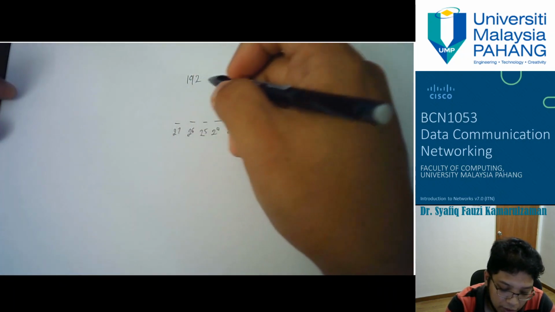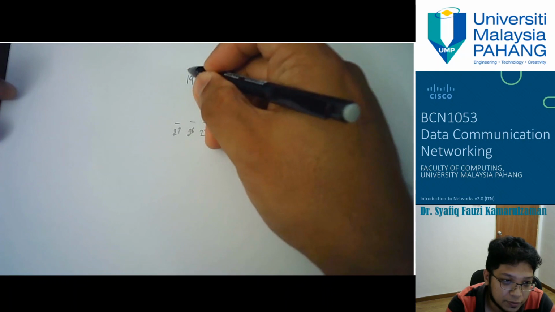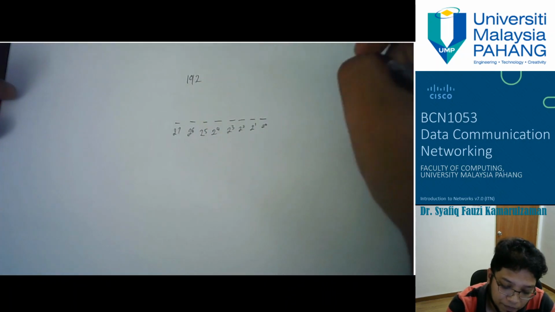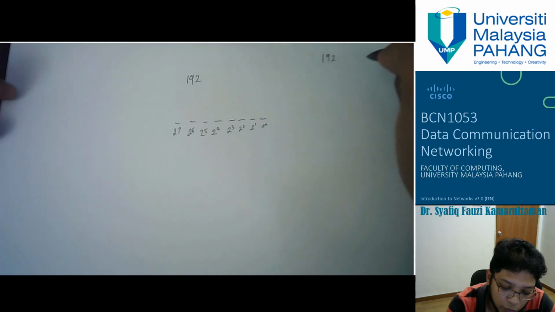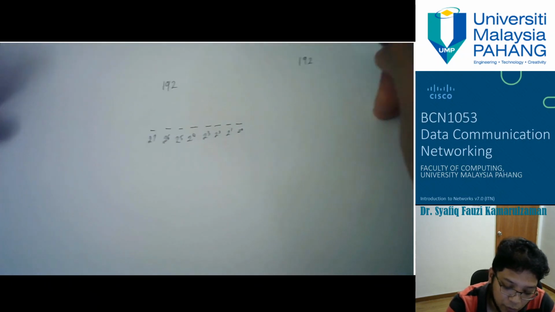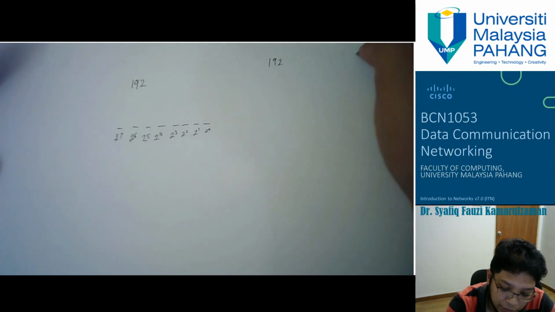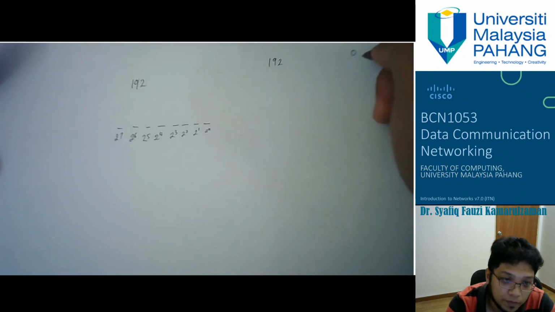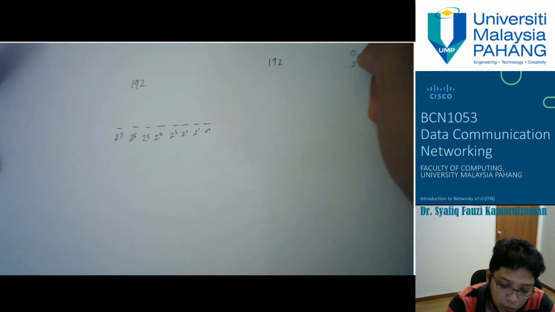So when you want to calculate the binary for 192, basically you find the closest power of 2 to 192. If you want to calculate the closest power of 2, you can start from the beginning: 2 power of 0 is 1, then 2 power of 1 is 2, 2 power of 2 is 4.